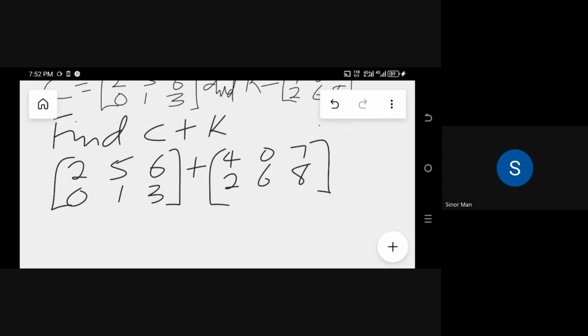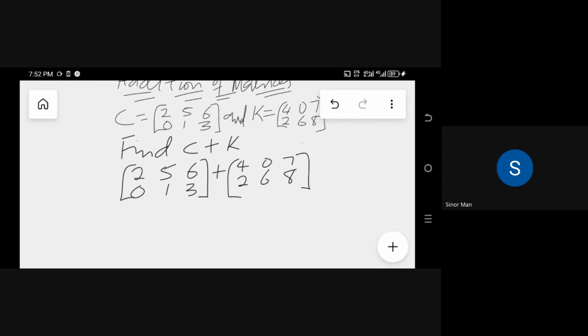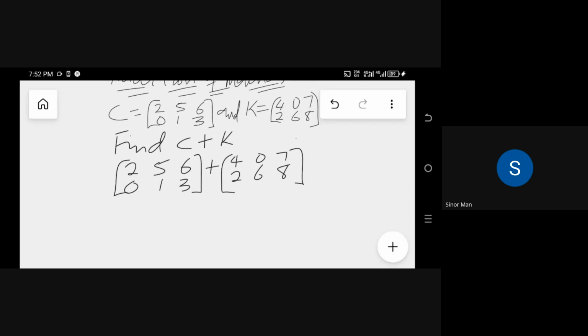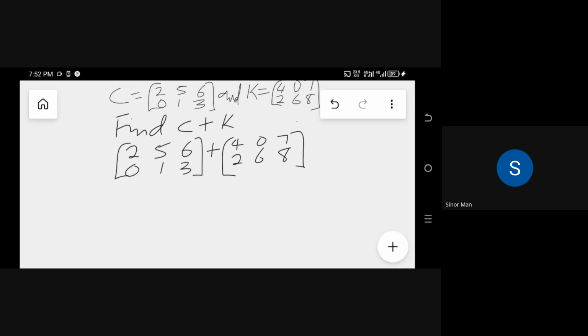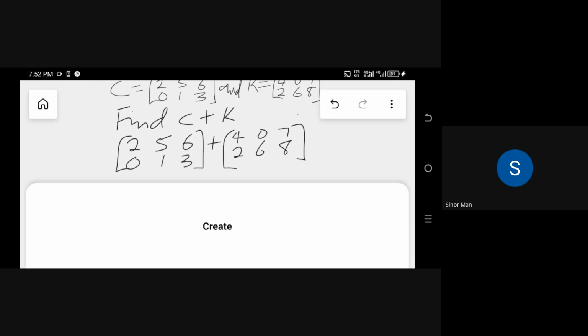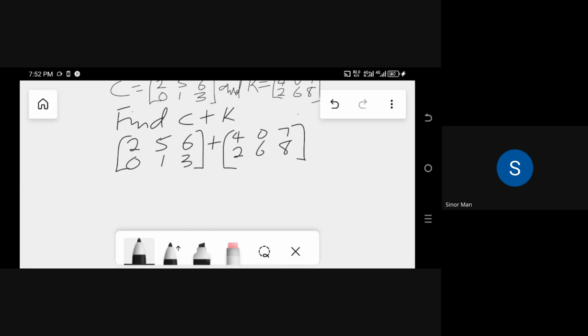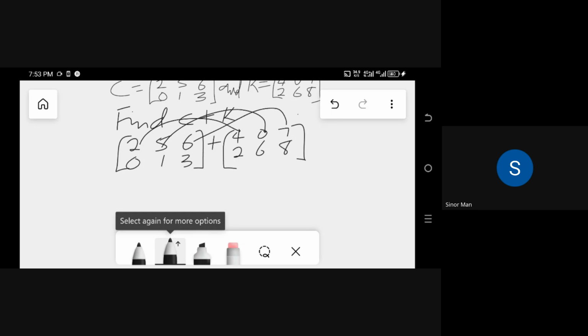So you see the two matrices here now, C plus K. Now each element in the same position in each of the matrices adds up to get a new matrix. So here 2 and 4 add up, 5 and 0 add up, 6 and 7 add up, the elements in the same position. The same thing for the other ones.